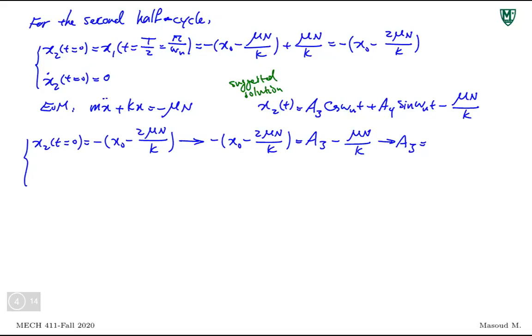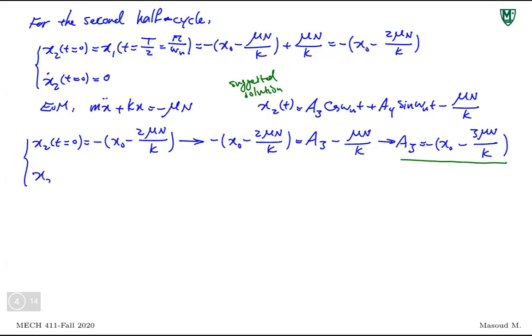Positive, positive. So I guess if I'm not wrong, cosine 0, this becomes minus x naught plus 3 mu n over k. And if I factor out the negative, okay, that works. Minus x naught 3 mu n over k. Correct me if I'm wrong. I think I did correctly. So double check.